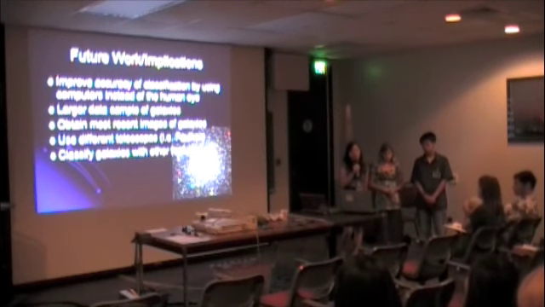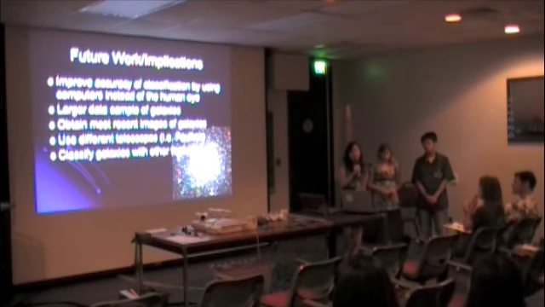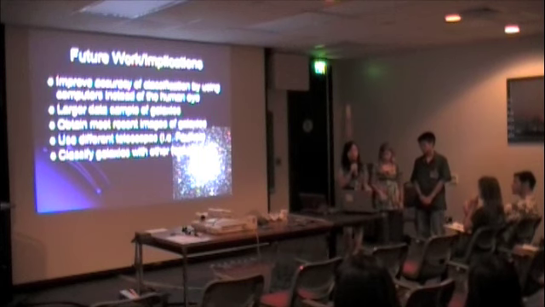We could also obtain more recent images of galaxies, because in our project the images were from a while ago. We would also like to use different telescopes such as the Fox telescope, and we would also like to classify the galaxies with other features other than the 5 that we formulated.